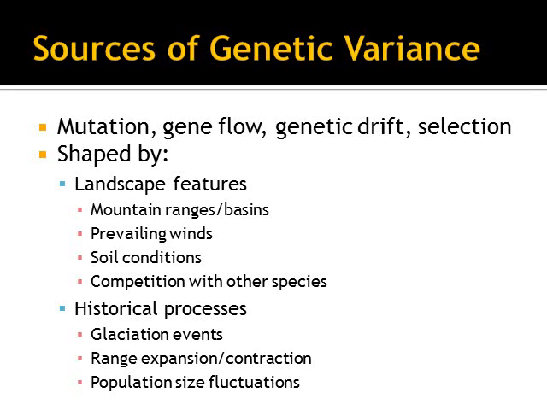And those things are shaped first by landscape features such as mountain ranges and basins, prevailing winds, soil conditions, and competition with other species, as well as historical processes like glaciation events, range expansion and contraction, and population size fluctuations.